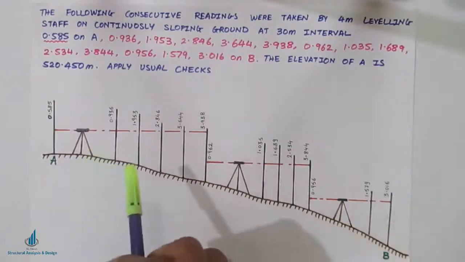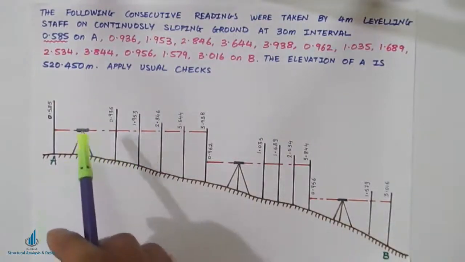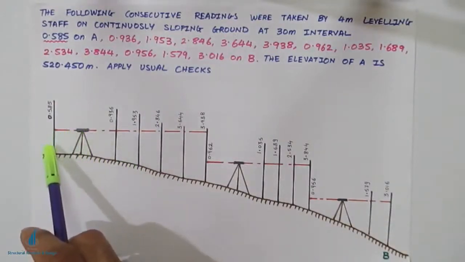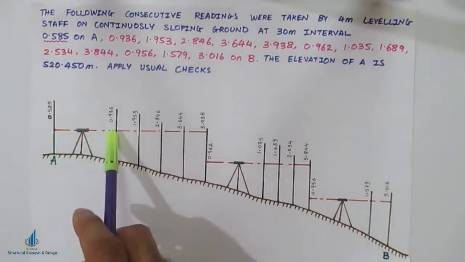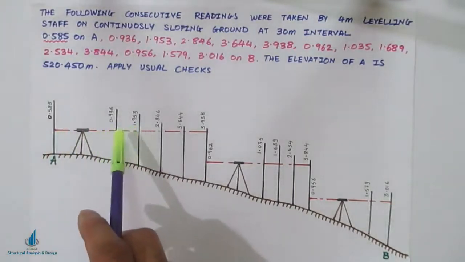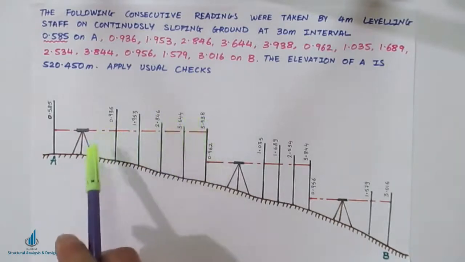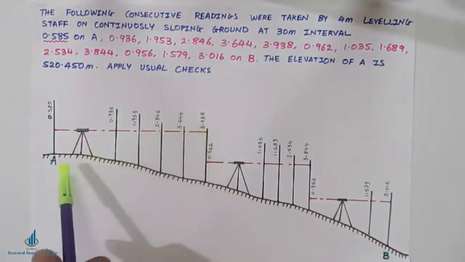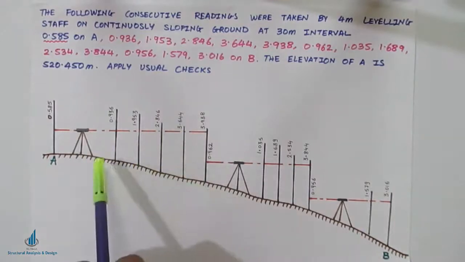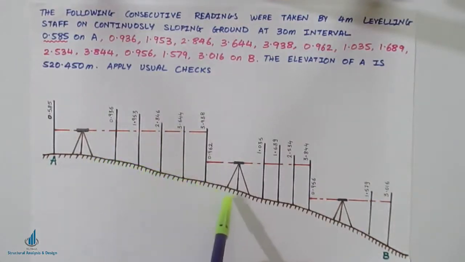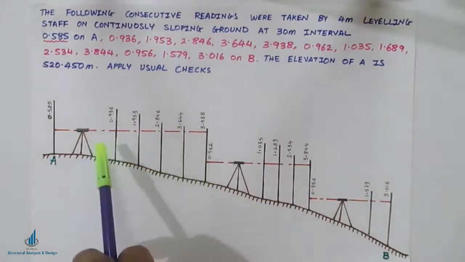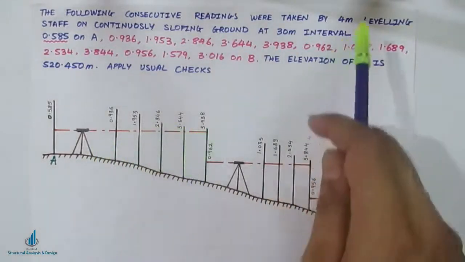For clear understanding, I have drawn this figure. The first will be the backsight, then 0.936, 1.953, uniformly increasing. Why is it increasing? Because the ground is sloping as you move towards point B. The staff is only 4 meters.